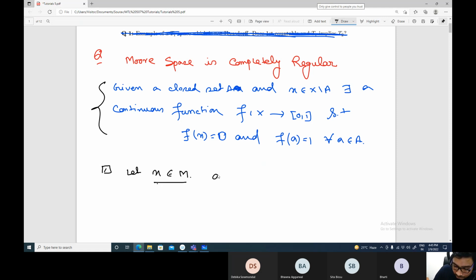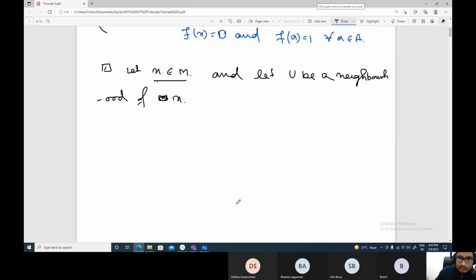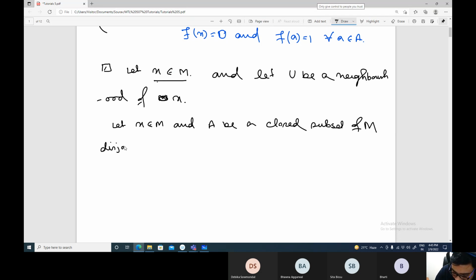So x belongs to M, and let A be a closed subset of M disjoint from x. Okay, this is disjoint from x.